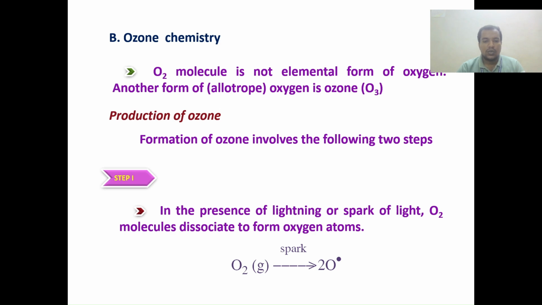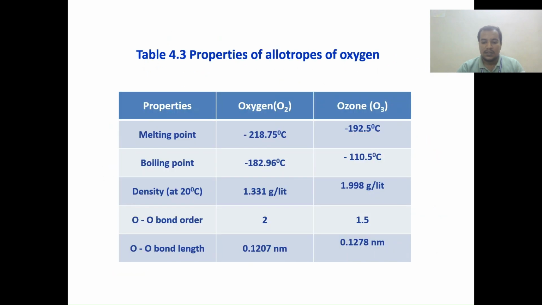And ozone chemistry. The ozone molecule, like the O2 molecule, is a form of elemental oxygen. The other form is the allotropic form of oxygen, which is ozone. Its molecular formula is O3. The formation of ozone involves two steps. The first one is, in the presence of lightning or a spark of light, the oxygen molecule dissociates to form oxygen atoms.